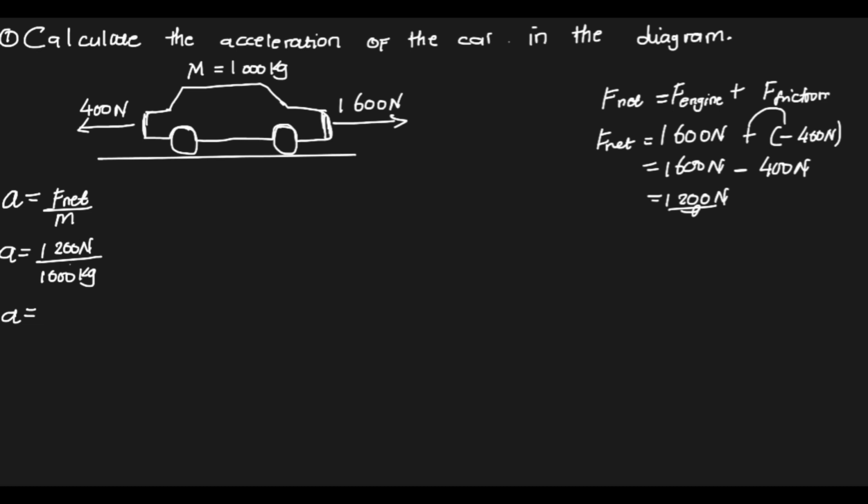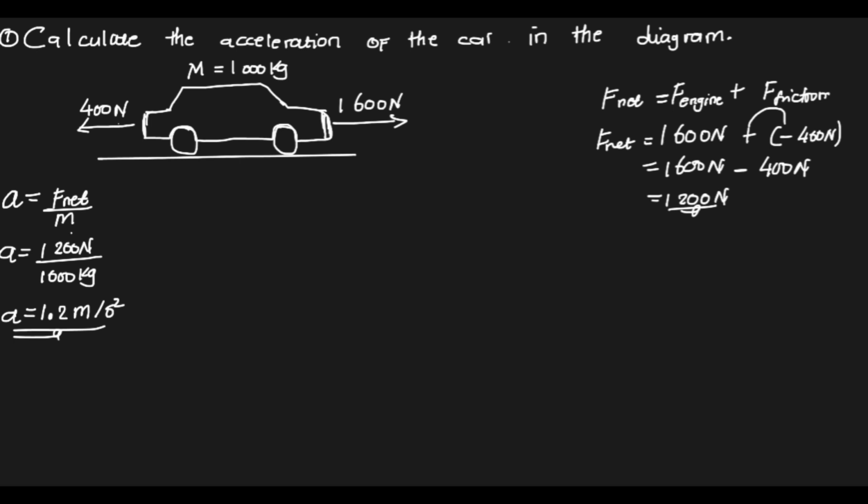So now if we divide 1000 into 1200, we are getting about 1.2 meters per second squared. So this was the acceleration of the car when a net force of 1200 newtons was applied to a car of mass 1000 kilograms.